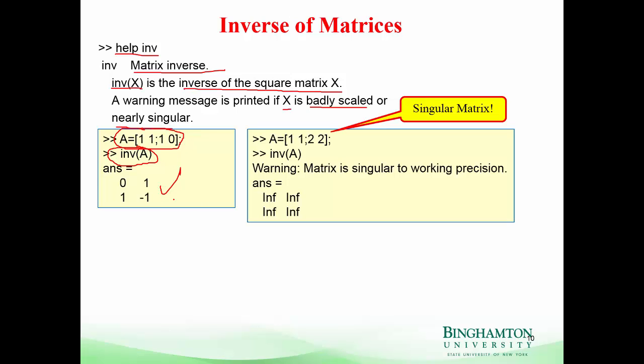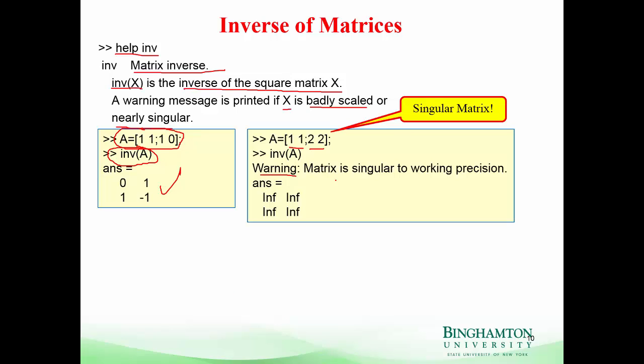You should also be able to verify by hand that this is the correct inverse. Now, here's an example to show you what happens if we give it a matrix that is really singular. Here we put in the first row as 1, 1, second row as 1, 1. The two rows are just integer multiples of each other, and the two columns are identical to each other. So this is definitely a singular matrix, and MATLAB gives you a warning.